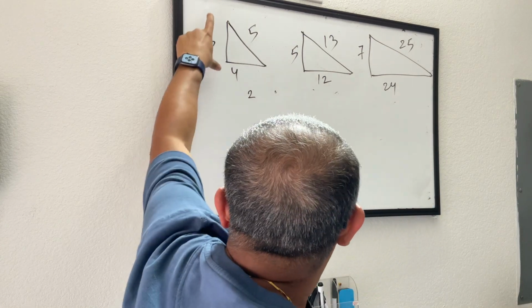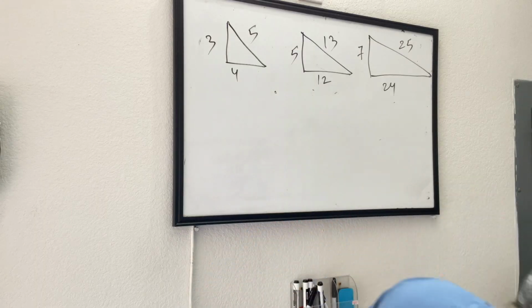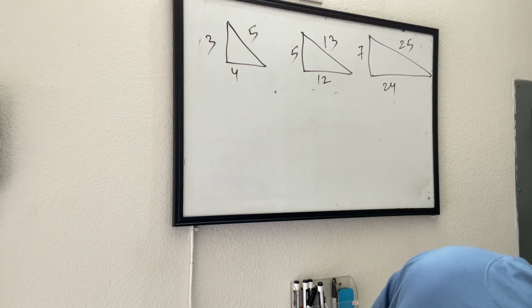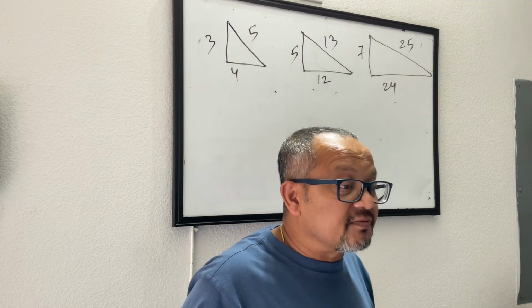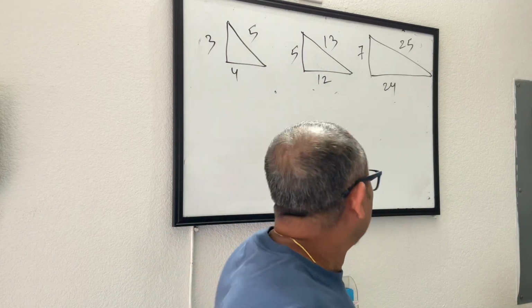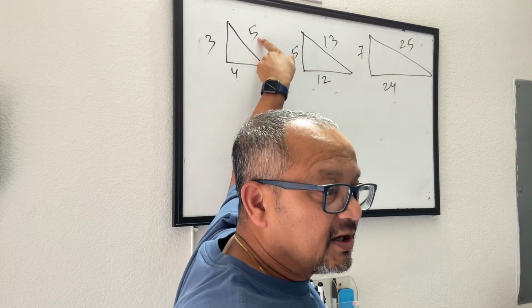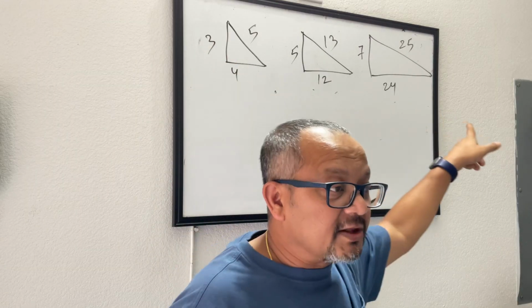This is a combination that you'll come across very often in the exam. You'll say, okay, this side is 4, hypotenuse is 5, find out the other side. This is part of Pythagorean triples.